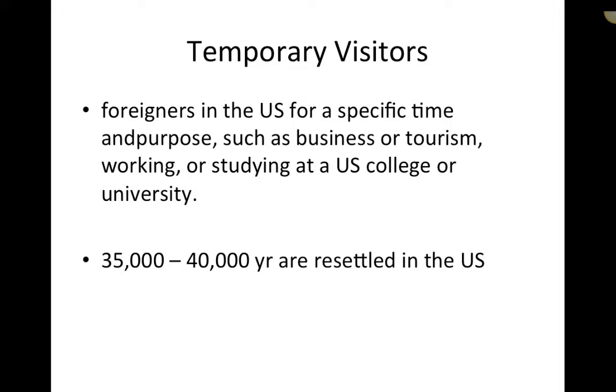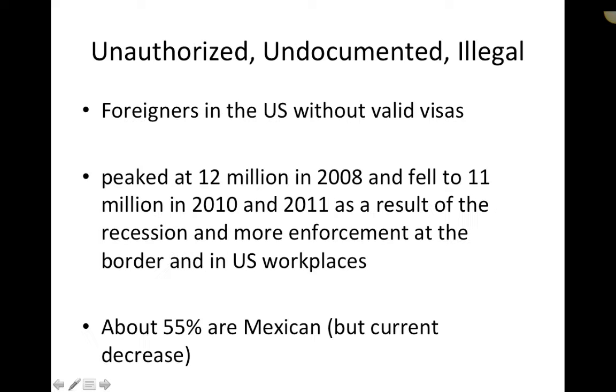They're not planning to be permanent, but it's definitely more than just visiting. Also, getting a college degree in a different country would grant you temporary visitor status. We're looking at roughly 35,000 to 40,000 temporary visitors on average in the U.S.